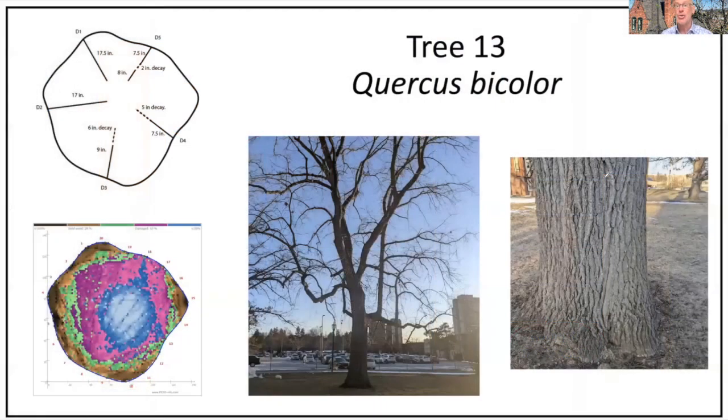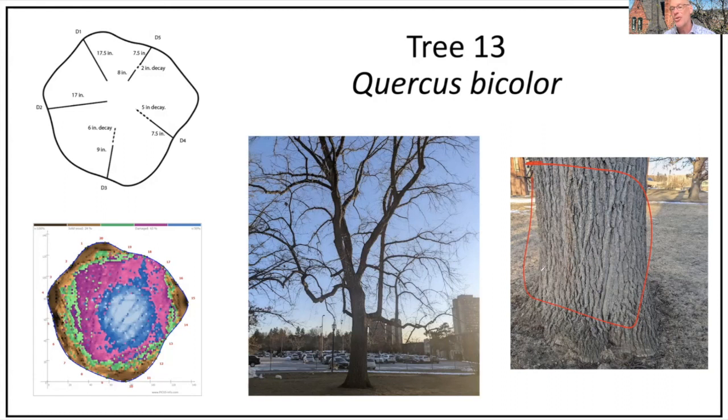So let's look at these trees. Here's the ones, trees 13 and 18, where the likelihood of failure rating changed as an increase from the initial visual assessment. So looking at the trunk and looking at the whole tree here, there's not too many signs of obvious decay.